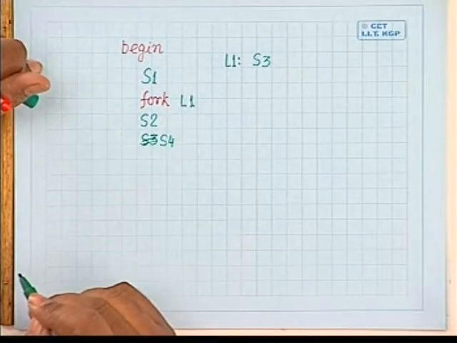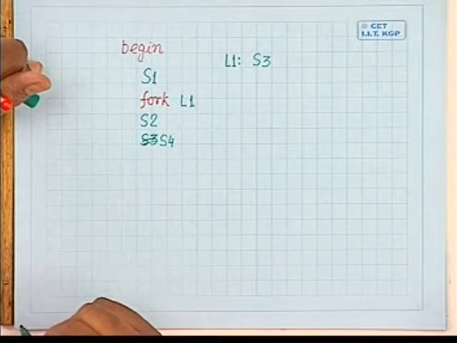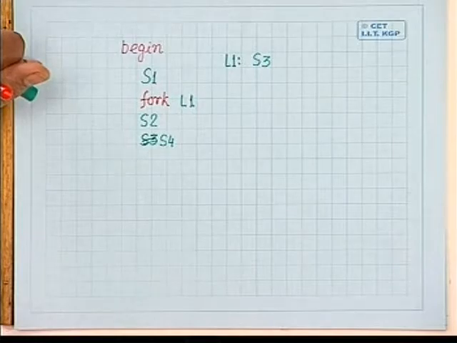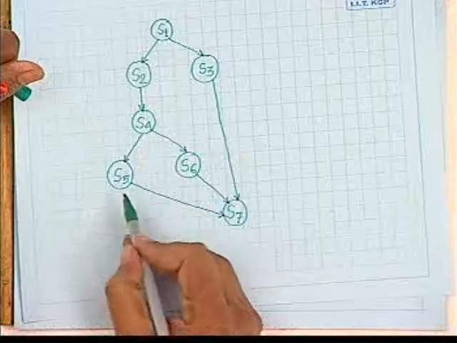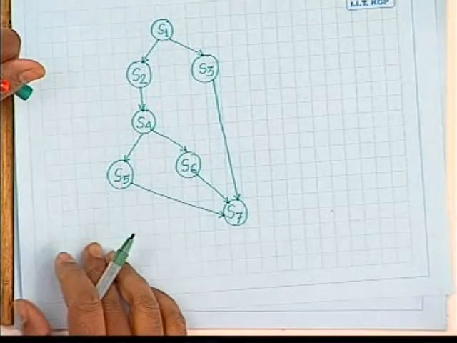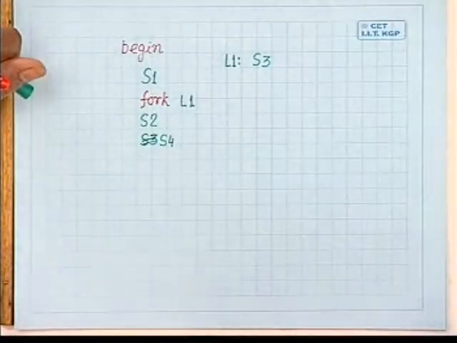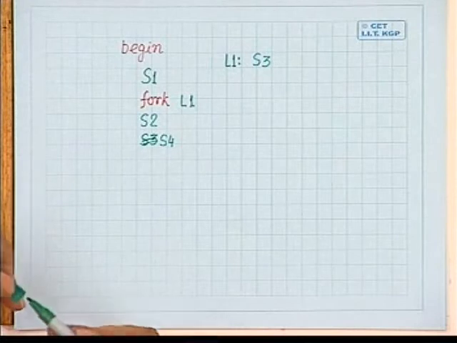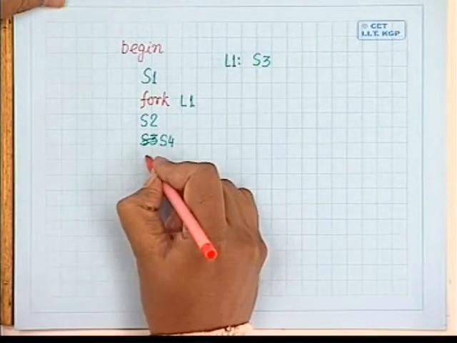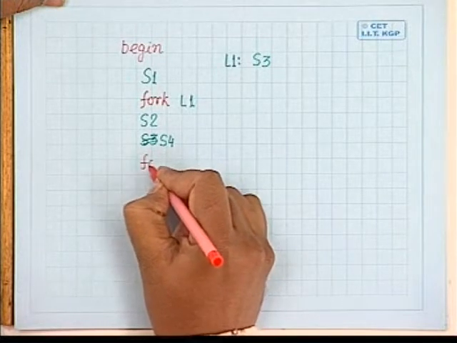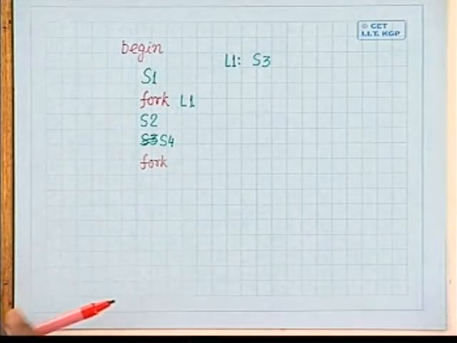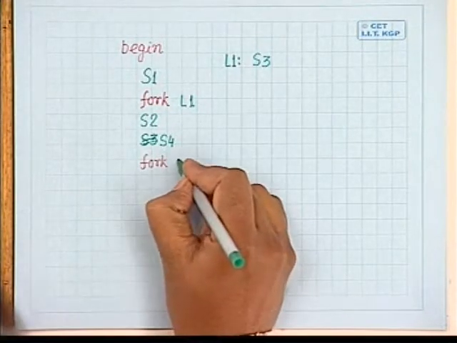After S4, again I can have two processes. One process will execute S5, the other process will execute S6. So again, I have to make use of a fork statement with a label. I'll put another fork statement, fork with label L2.